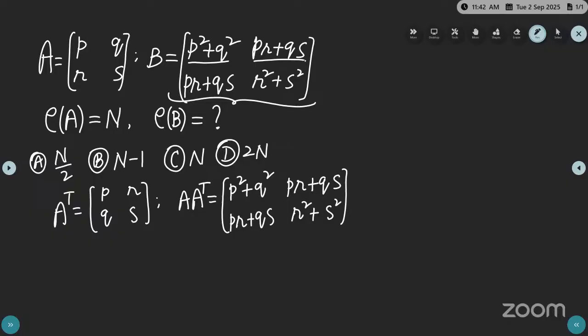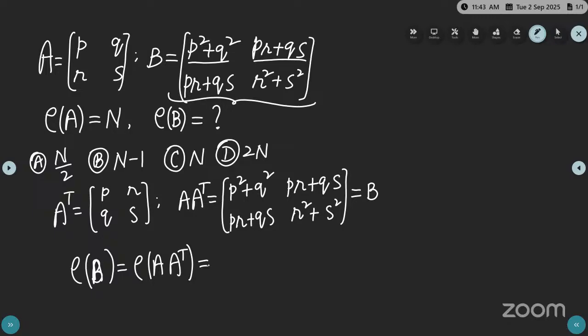And you are getting B as A into A transpose. Now we need to find the rank of B. Rank of B equals rank of A into A transpose. What is the rank of A into A transpose?